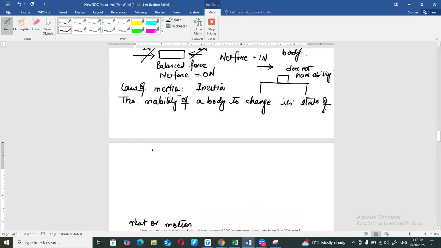He said that if force is applied on an object, acceleration is produced in a body.